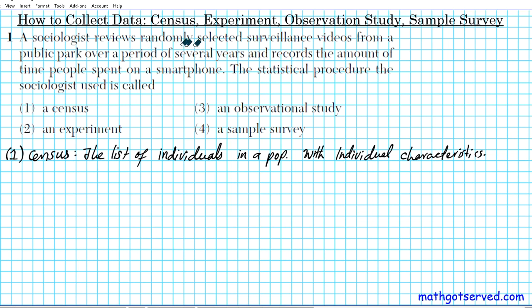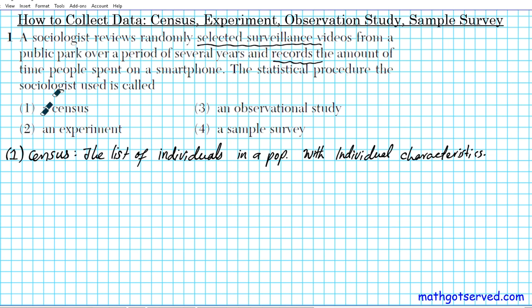But in this particular case, this sociologist is looking at randomly selected videos, okay? Randomly selected surveillance videos, so definitely is not going to be all the people in a particular area. And then the sociologist is recording the amount of time. So the sociologist is basically recording what he or she observed from the behavior of the people in the sample group.